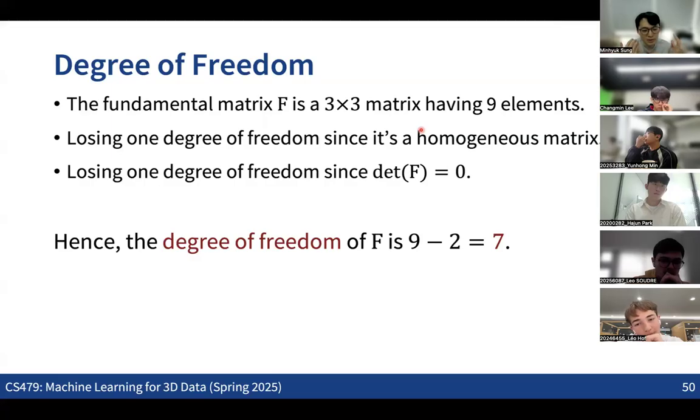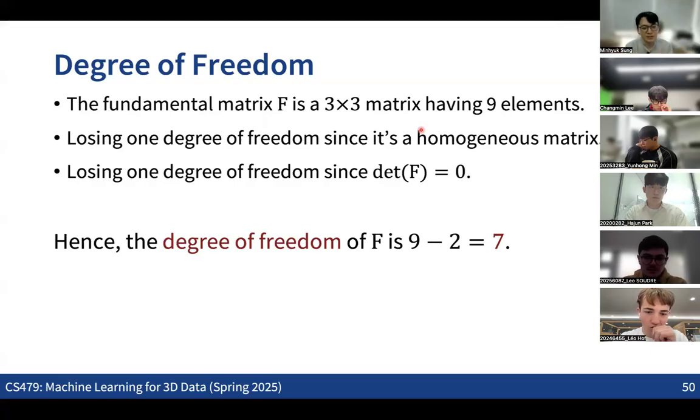Once we can compute the fundamental matrix, if the intrinsic parameters are known, we can easily calculate the essential matrix, right? And we have seen that the essential matrix is represented with a multiplication of the translation and the rotation. We're going to see how we can decompose the essential matrix into the translation part and the rotation part. Then we get the relative camera extrinsic parameters, the camera pose of the second image given the first image.